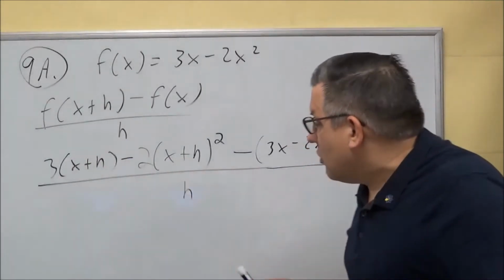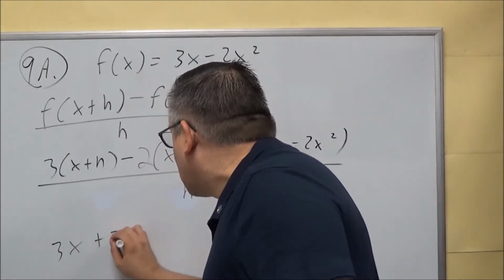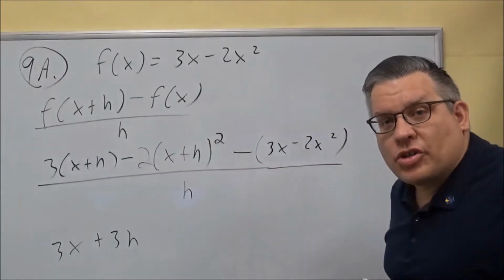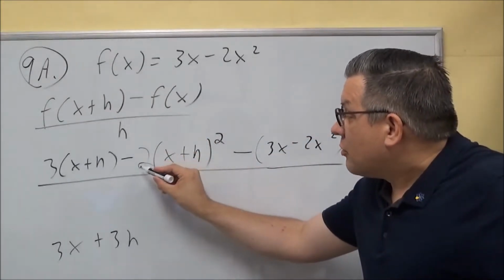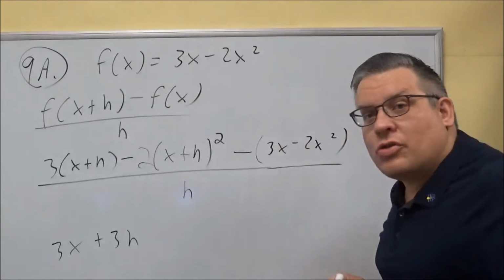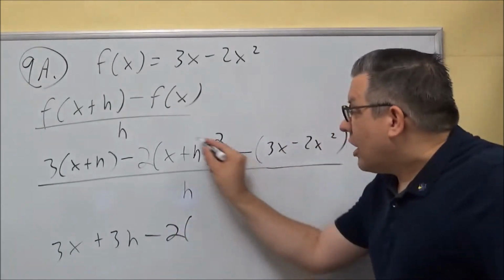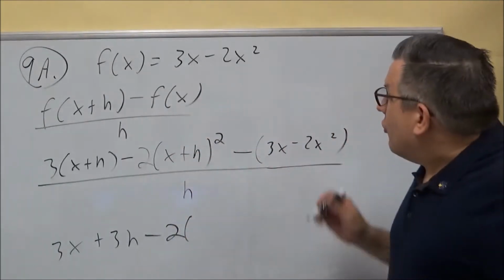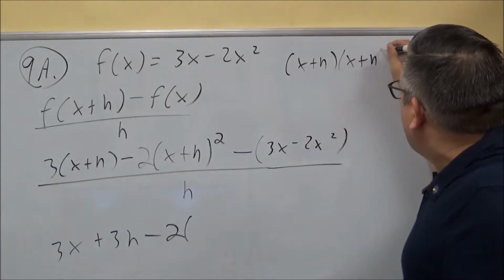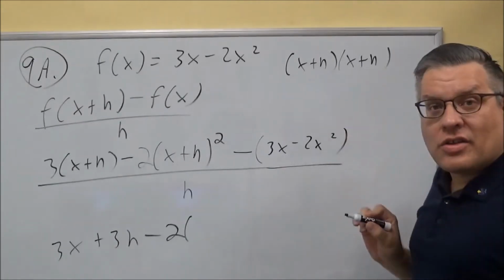So the first thing I'll do is distribute the 3, so 3x plus 3h. Now we have to follow our order of operations. You're not allowed to multiply negative 2 inside here because order of operations says you have to do the square first. So I'm just going to put minus 2, and then I'm going to square this one. If you have x plus h squared, remember that that's the same thing as x plus h and x plus h. I'm going to multiply this together by formula.